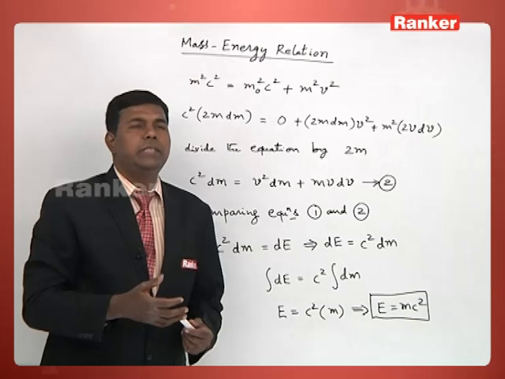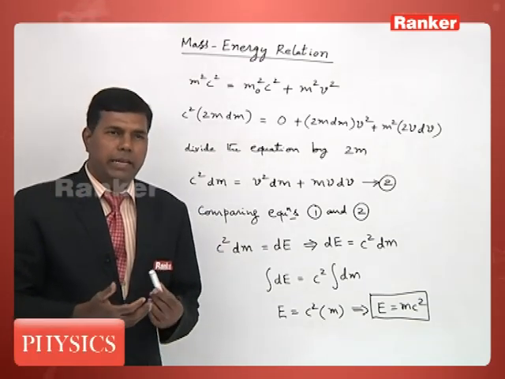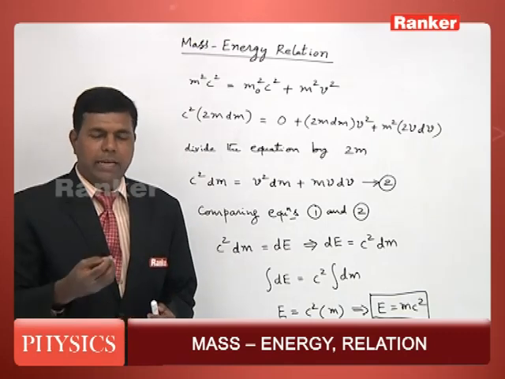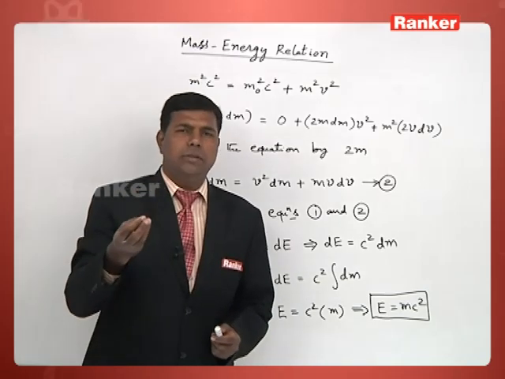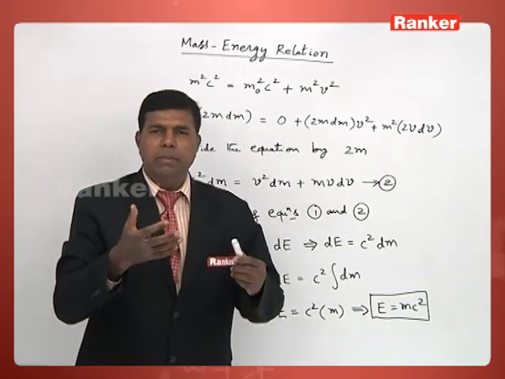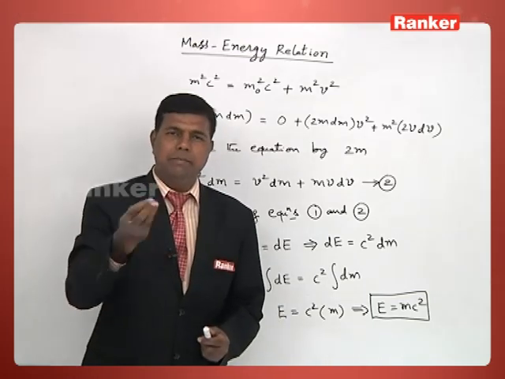The experimental evidence for this equation comes from pair production and pair annihilation. Like a high energy photon may disappear, and two particles, electron and positron, may be formed. That is, energy of photon is converted into particles having masses.